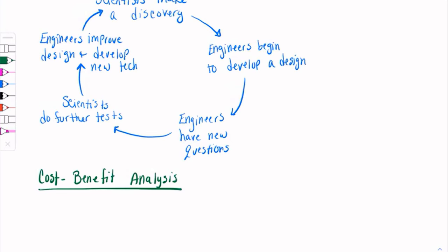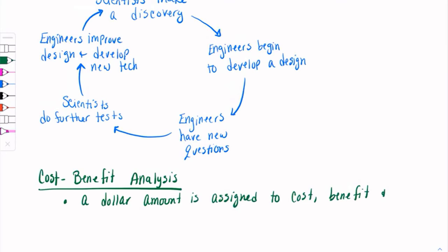Okay? So we'll say a dollar amount is assigned to cost, benefit, and risk.